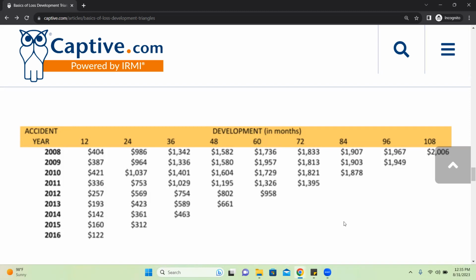And those figures, actuaries do prepare them, but the ones that I look at are the ones determined by claims adjusters.